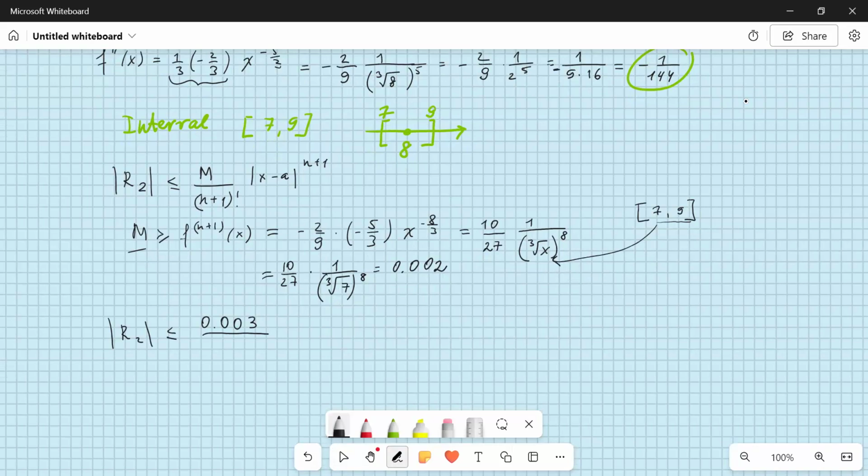So n is 2, so it's 3 factorial, times (x minus 8) to the power of n plus 1, which is actually a cube, right? When x belongs to the interval from 7 to 9, like 7, 9 over here, and this is 8, what is going to be the biggest difference? Well, when x is sitting over here or over here, the biggest difference is going to be 1 unit. So the biggest value of this is 1.